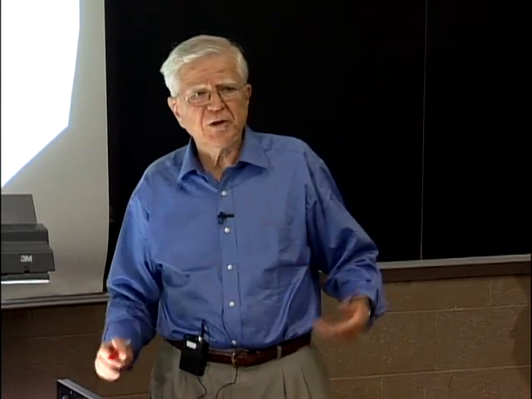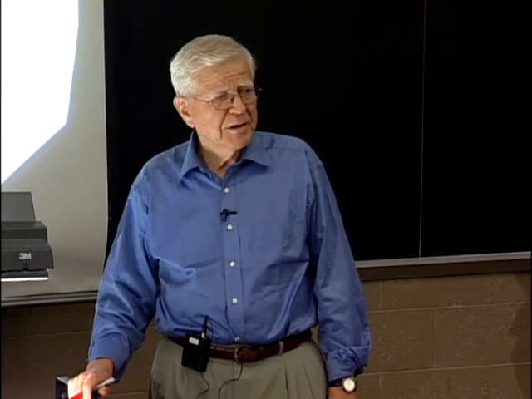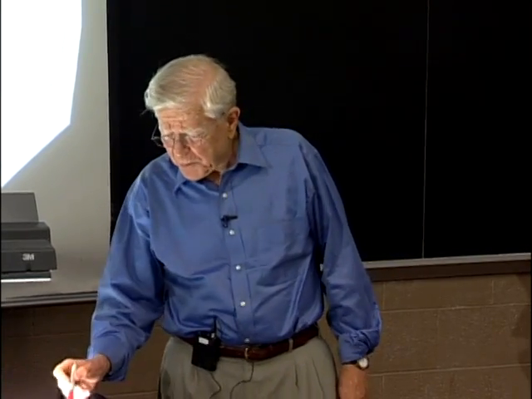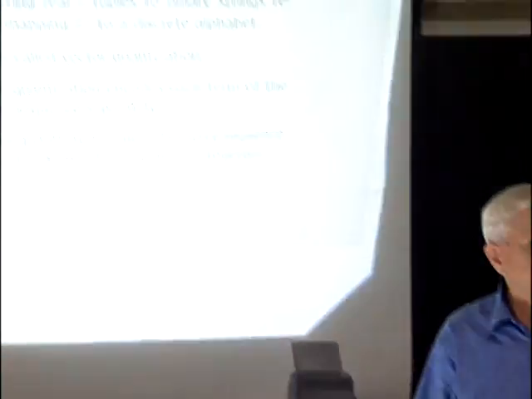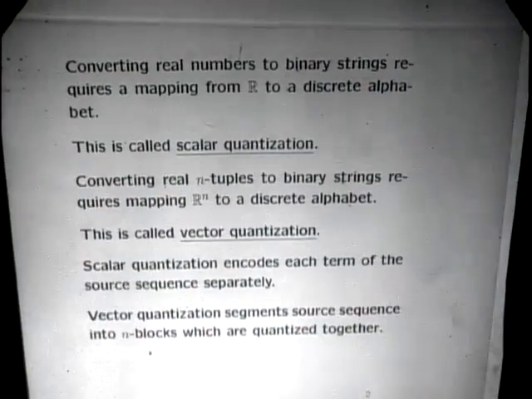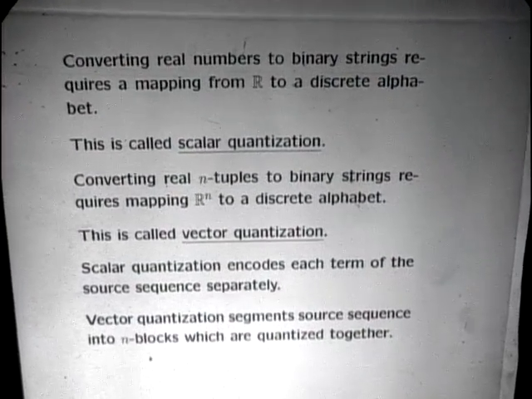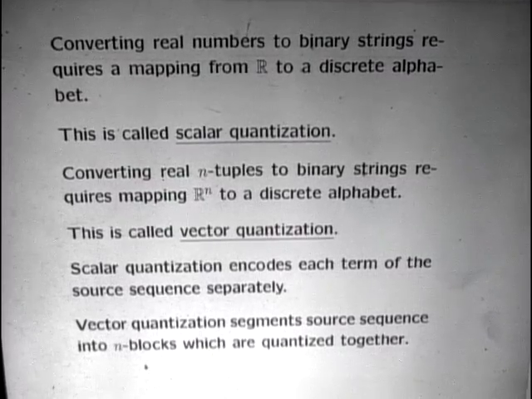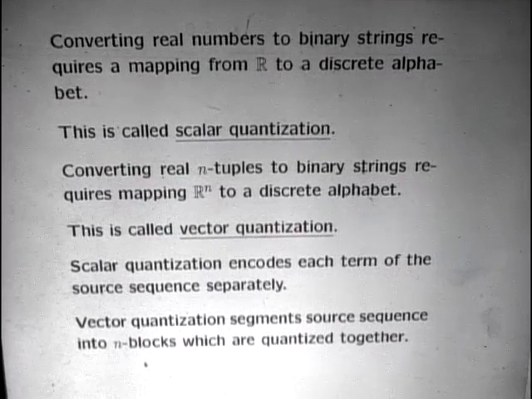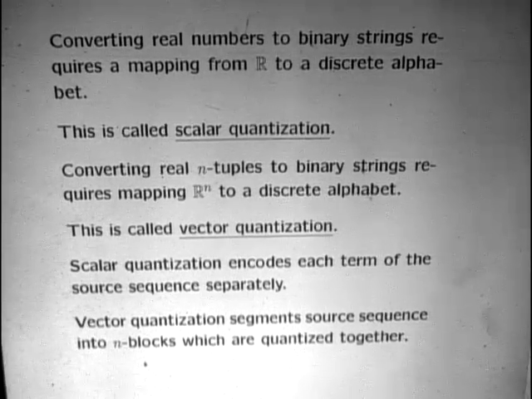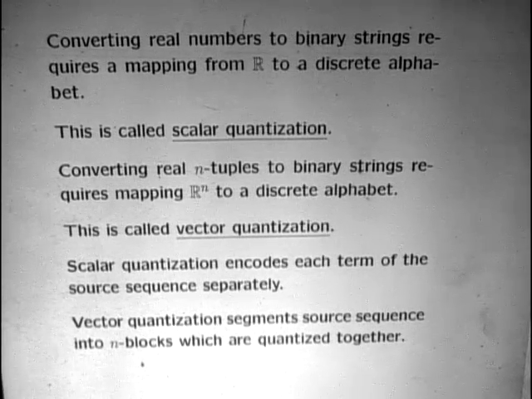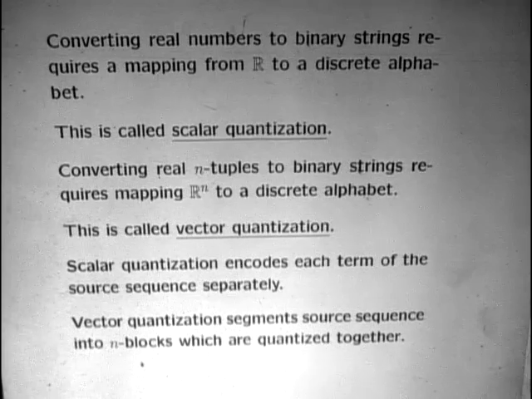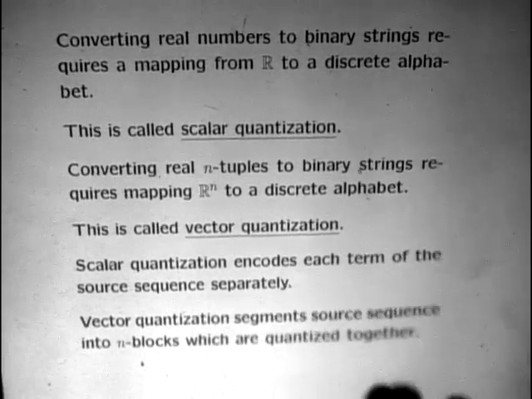Why can't we just look at this as symbols? Well, because since we can't do this mapping in an invertible way, you have to deal with the fact that you have distortion here. There's no other way to think about it. There is distortion. You might as well face it. If you try to cover it up, it just comes up to kick you later. So we face it right at the beginning, and that's why we deal with these things as numbers.